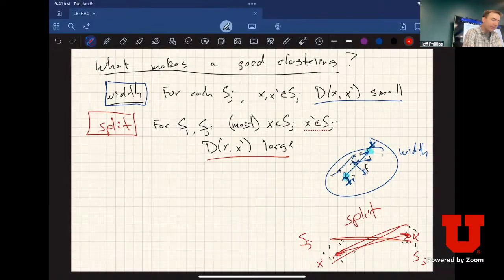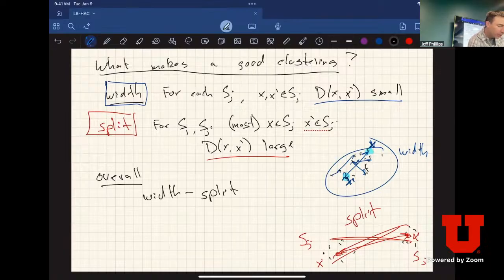Okay, and then overall, we want something like width minus split, or maybe say width divided by split.